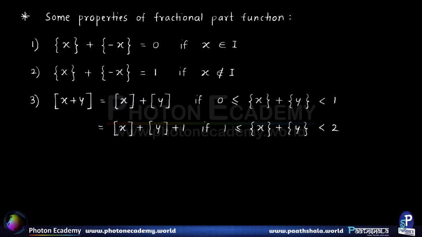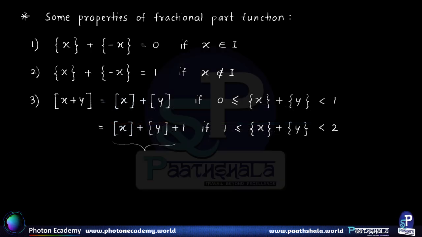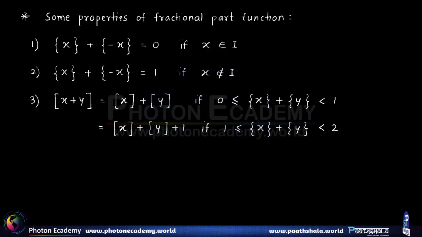But it is equal to the greatest integer of x plus the greatest integer of y plus 1 if the fractional part of x plus the fractional part of y lies between 1 and 2, and once again with equality on the left hand side, 1. So these properties can also be easily verified using any example.